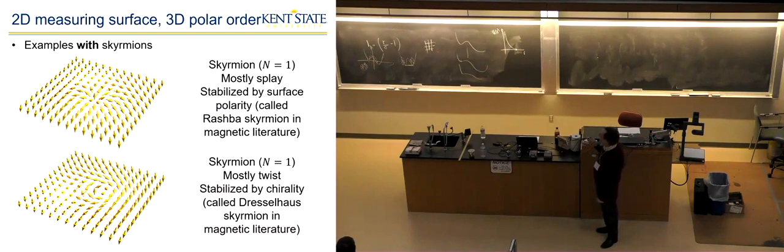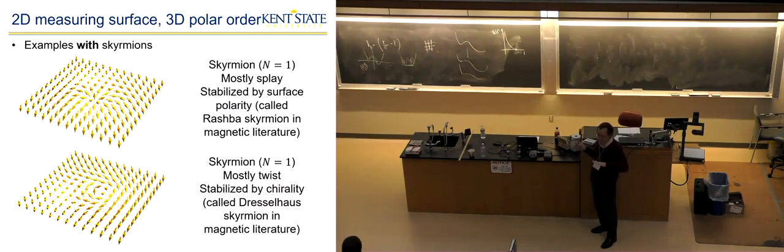This structure covers all the possible orientations of this vector, each possibility exactly once in the positive sense of coverage. So when you calculate the integral to see how it covers everything, the same integral as for the hedgehog charge, you get n equals 1. This thing is called a skyrmion.